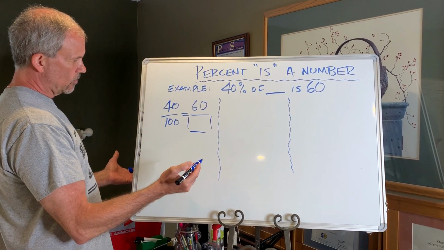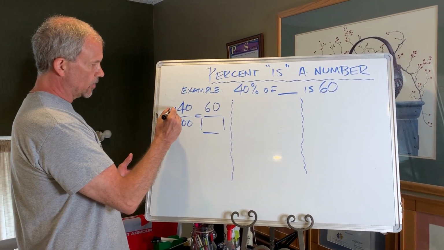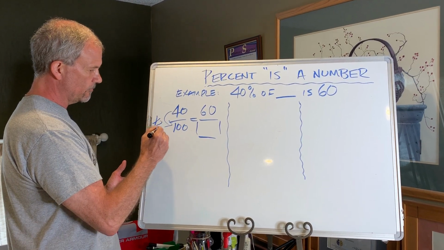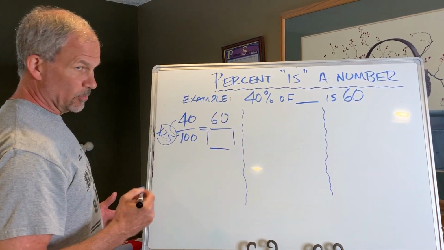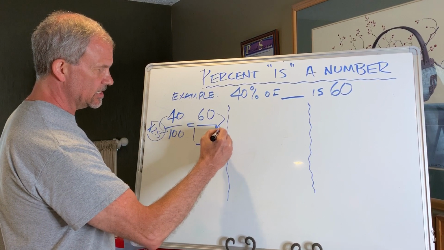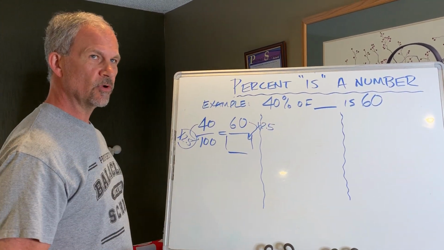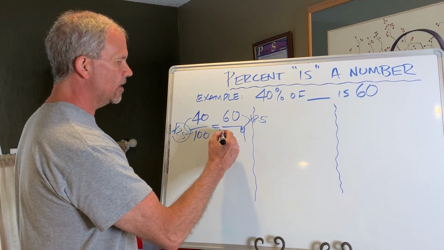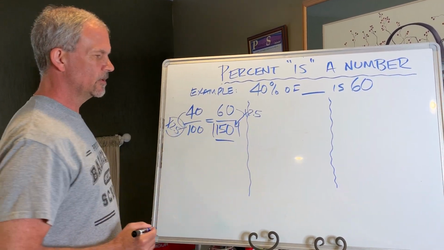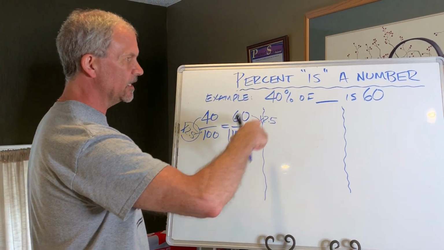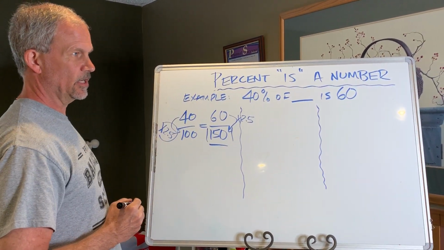I say, well, I already kind of know the multiplier. How does 40 become 100? Times 2.5. So times 2.5, 60 times 2.5. 60 times 2.5, calculator work, maybe not, 150. So 40% of 150 is 60, okay?